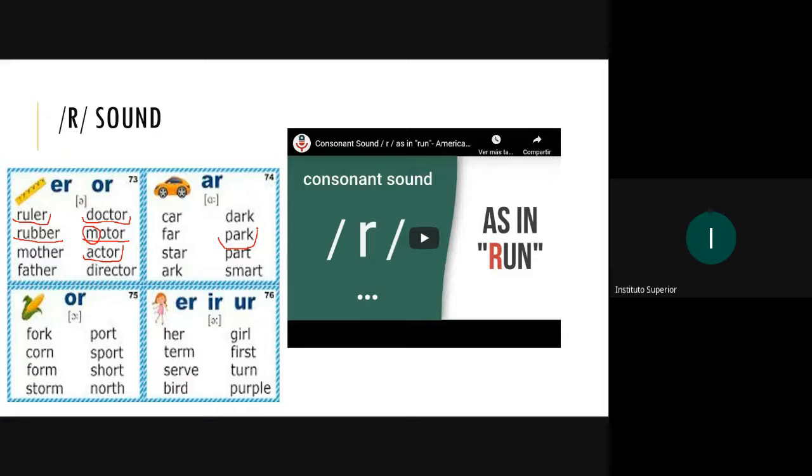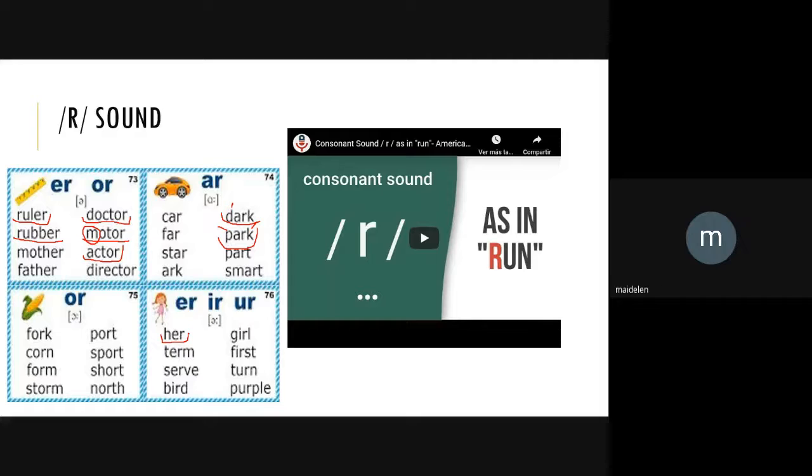Remember this sound and this sound: park, park, park. Okay. This one: dark, dark, dark. Remember how we produce this sound.